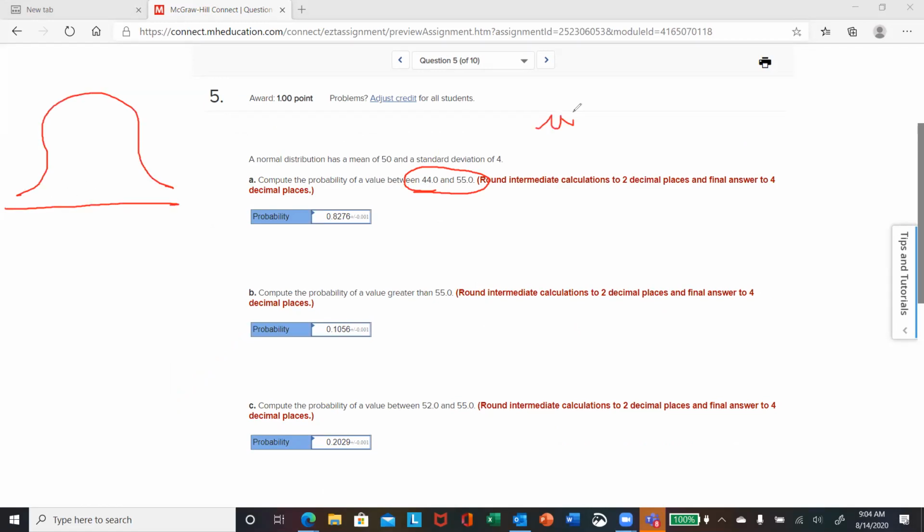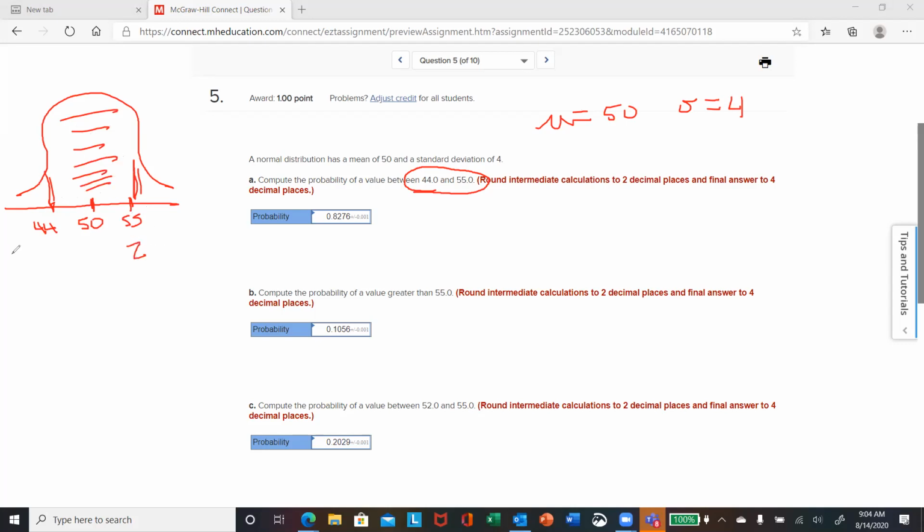Remember, mu is equal to 50, sigma is equal to 4. So if I put 50 in the middle, I want to find between 44, which would be below the mean, and 55, which is above the mean. So I want to find between those two data points.